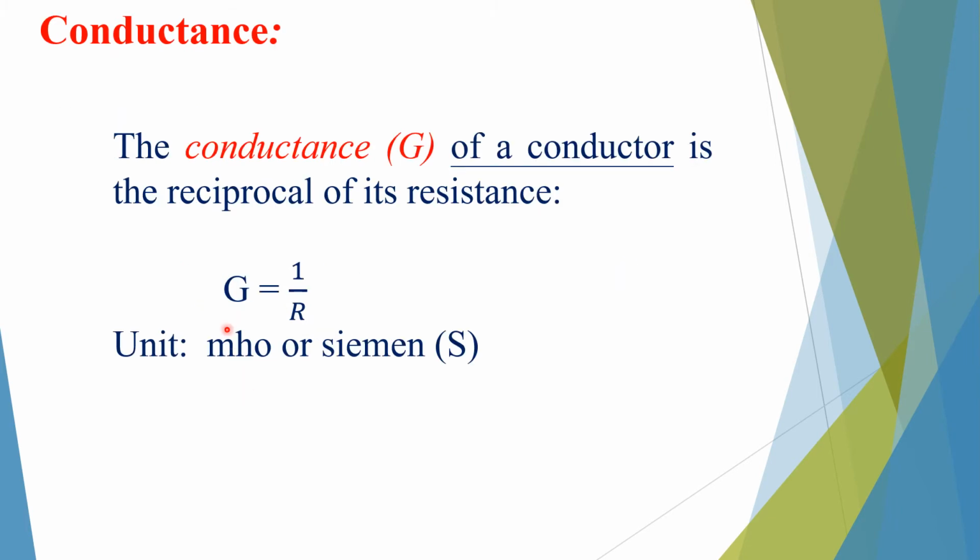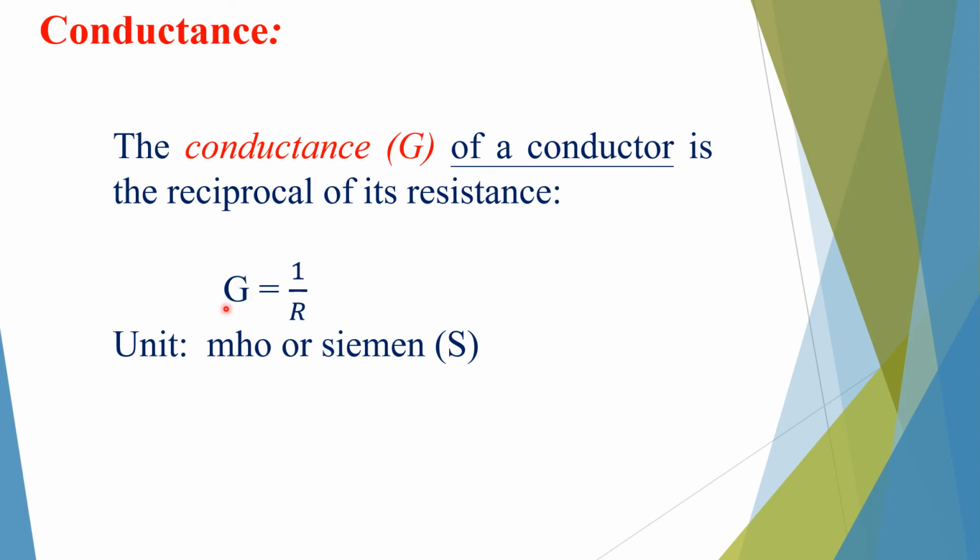Conductance. The conductance represented by capital G of the conductor is the reciprocal of its resistance. Mathematically, G is equals to 1 upon R. G is conductance and R is resistance. It shows that with increase in resistance, conductance decreases, and with decrease in resistance, conductance increases.